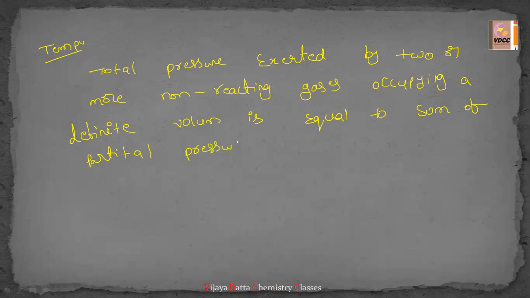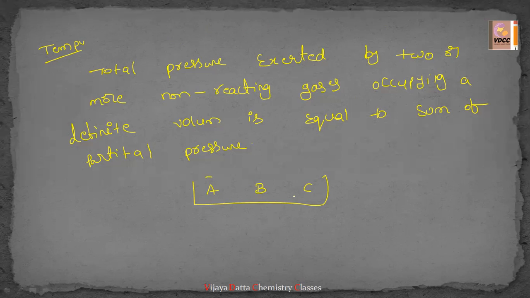What is meant by partial pressure? Partial pressure is nothing but the pressure exerted by the individual gas. That is called partial pressure. Total pressure is the pressure of the mixture. Suppose in this container I am taking A, B, C, three types of gases which are non-reacting chemically.